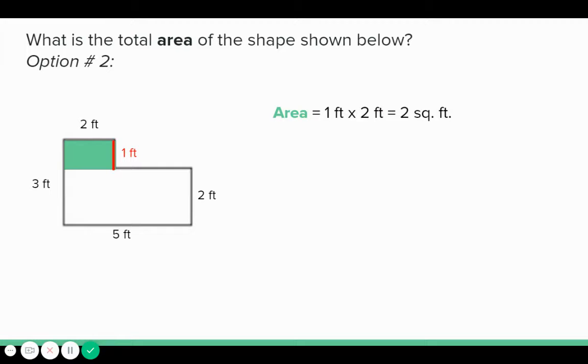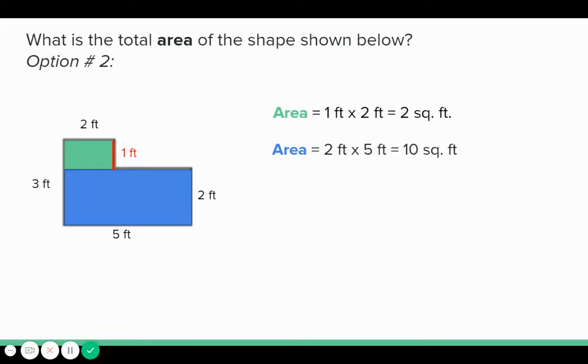Now I'm going to forget about this green rectangle and focus on whatever area is left. I'm going to shade it blue again, and I see that this is 2 feet wide and 5 feet long. Now, forget about this 3 over here. Remember, this 3 is including green area and blue area. So the area of this blue rectangle is going to be 2 feet times 5 feet, and that is 10 square feet.